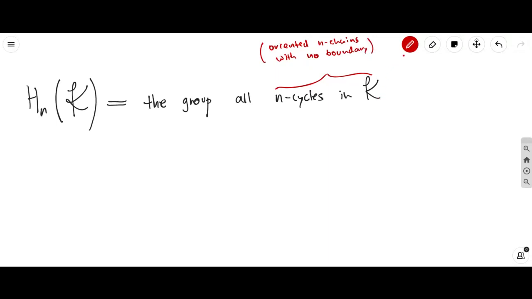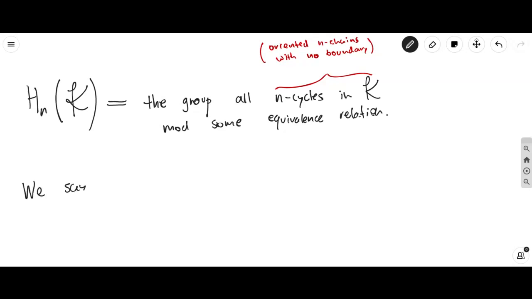That's an n cycle. So this is the group of n cycles mod some equivalence relation. And what's the equivalence relation? So this is the equivalence relation.